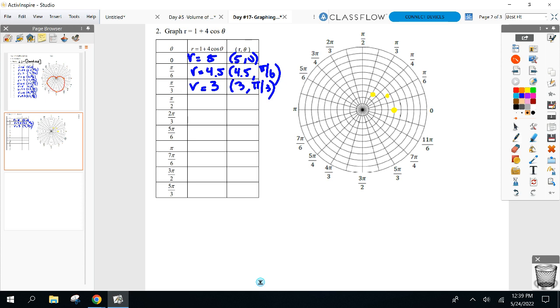Top of the grid. Pi over 2. Should have 1. 1 pi over 2.